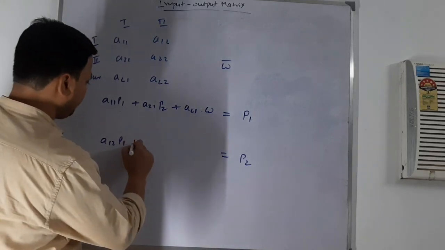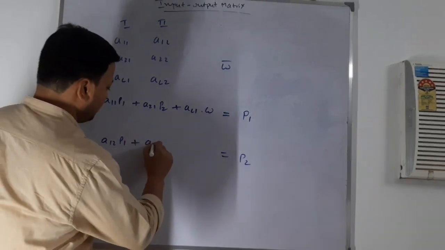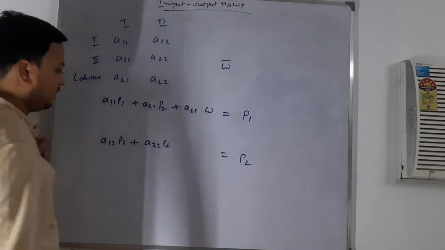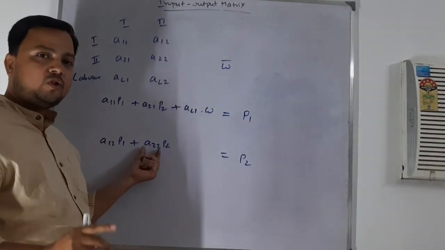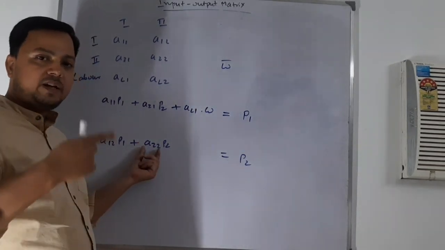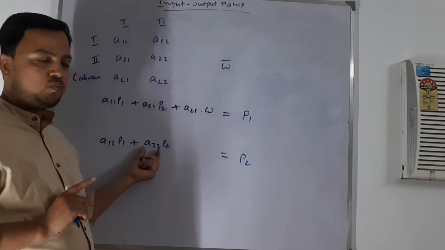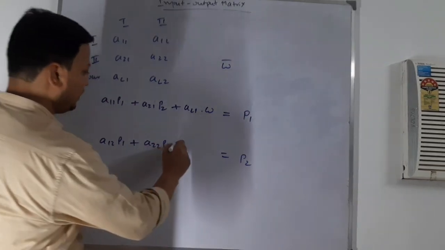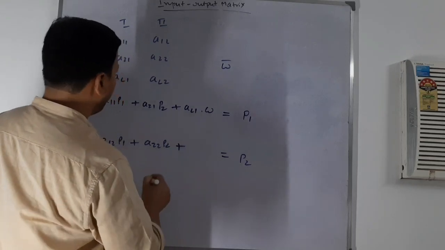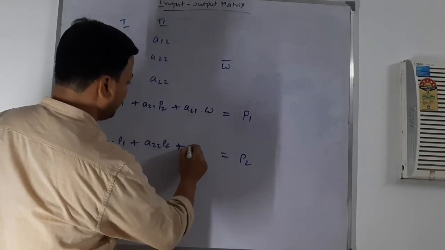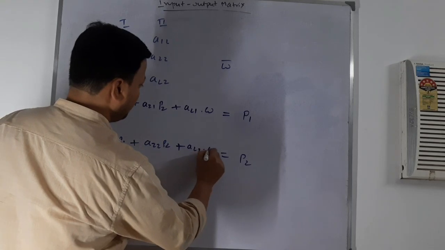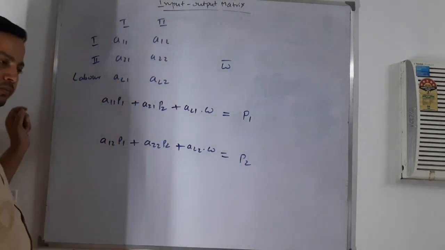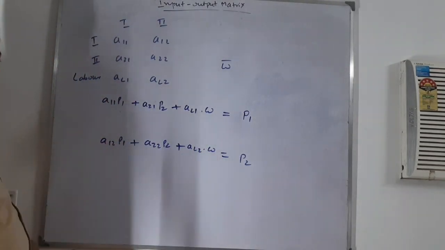Then A22 P2. This is the unit requirement of industry 2 output by industry 2 in order to produce 1 unit of output of industry 2, multiplied by the price of the second industry. Then we will write the labor requirement, AN2 into W. The interpretation will remain the same.